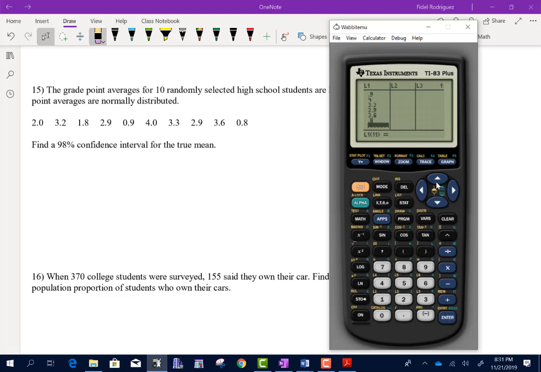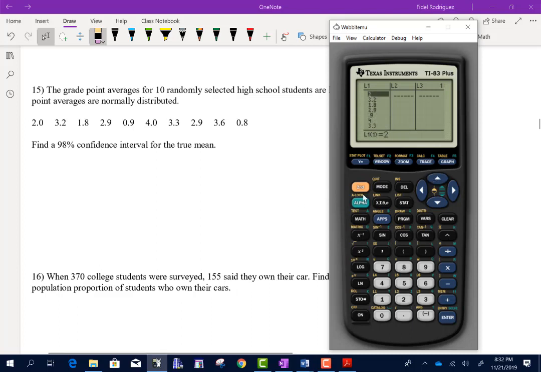Everybody agree we have 10 numbers there? I'm just going to make sure that I typed them in right. 0.8, 3.6, 2.9, 3.3, 4.9, 2.9, 1.8, 3.2, and 2.